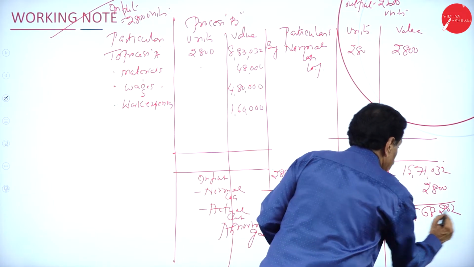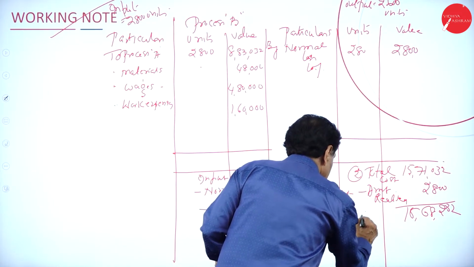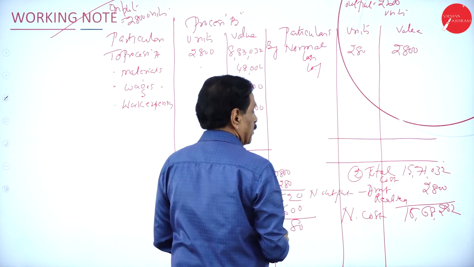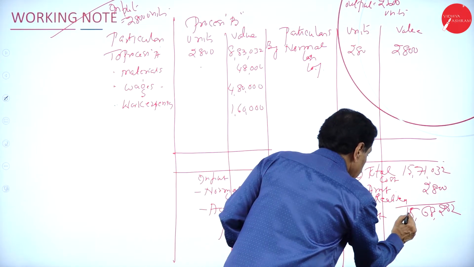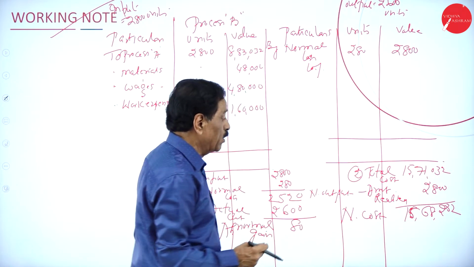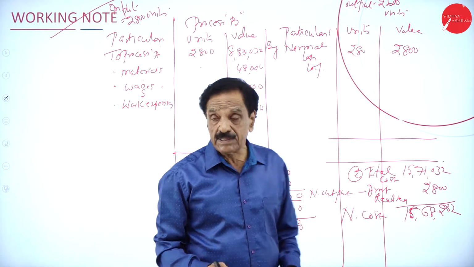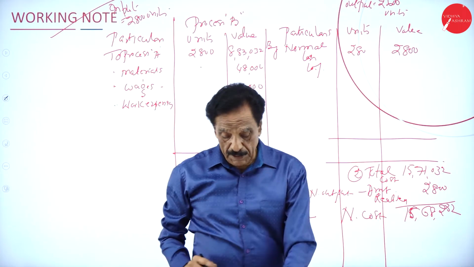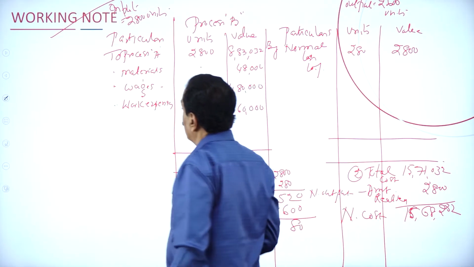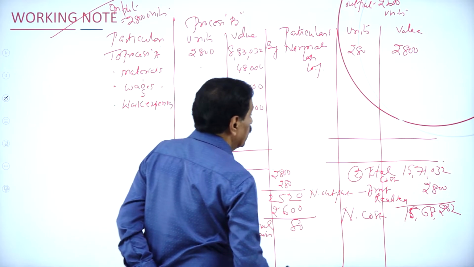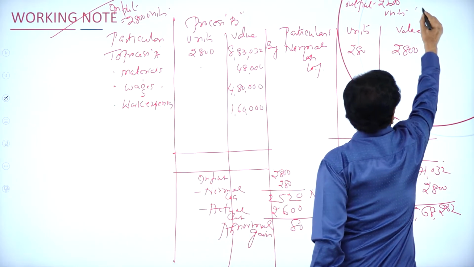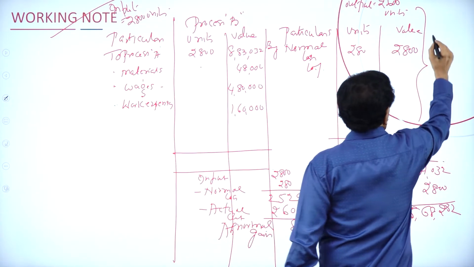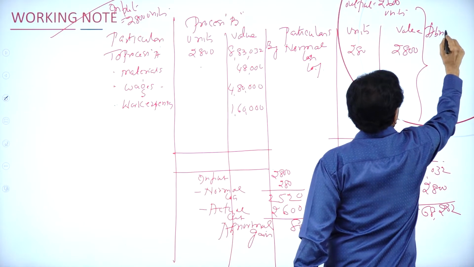15,68,232 is the normal cost. Now, value of abnormal gain. Abnormal gain here, we'll come back.